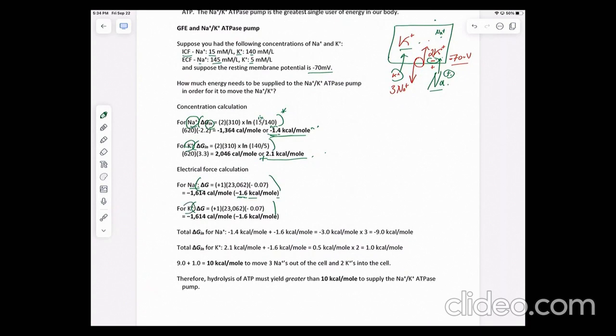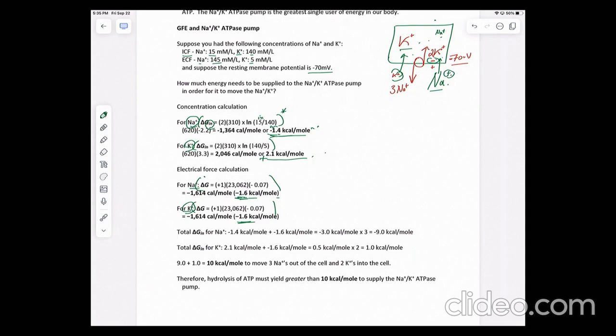Then we do the same thing for potassium. I get negative 1.6 for the same reason. Potassium is positive, going into the negative. Now you'll note that these numbers are identical. Why are they identical? Because this formula is only considering charge. It doesn't care whether we're talking potassium or sodium. They're both +1, so you're going to get the same number.